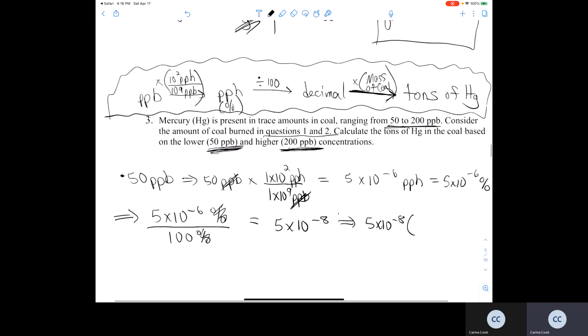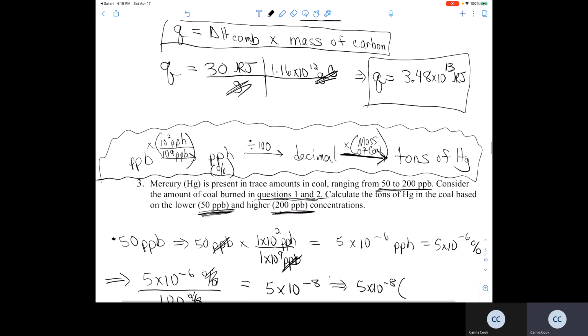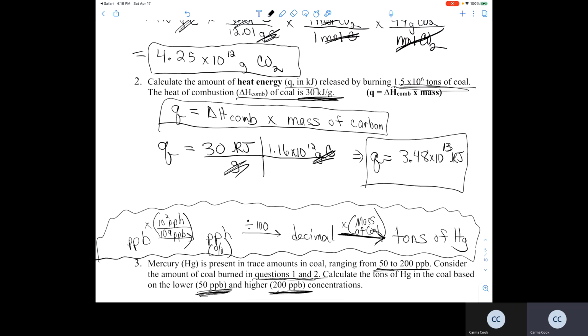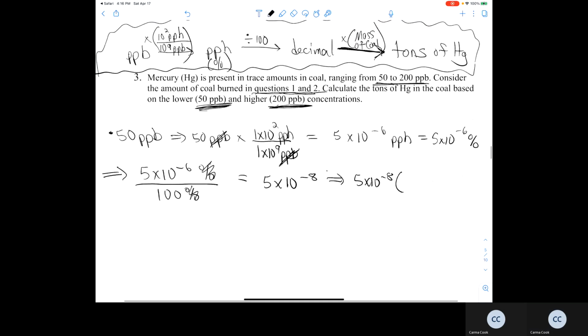The tons of coal is the same amount as in questions 1 and 2, which is 1.5 times 10 to the 6. That gives us 7.5 times 10 to the negative 2 tons of mercury.